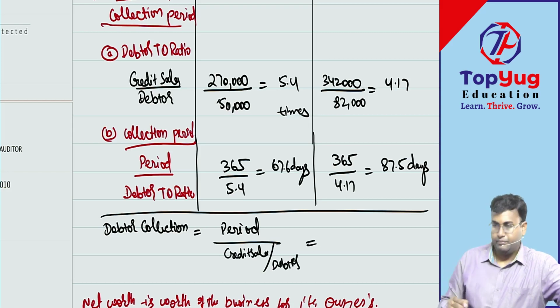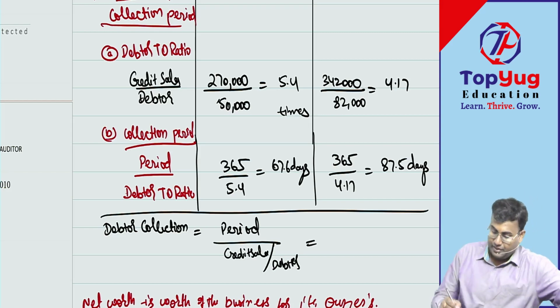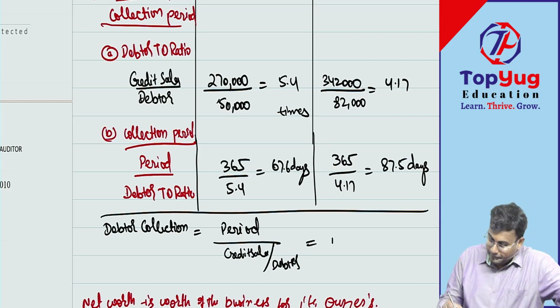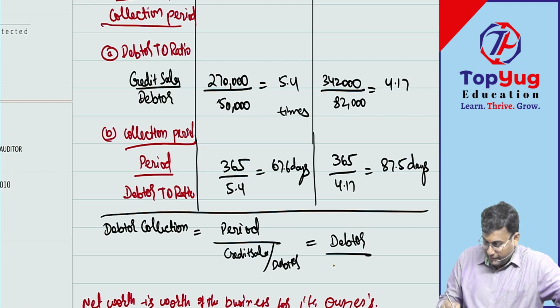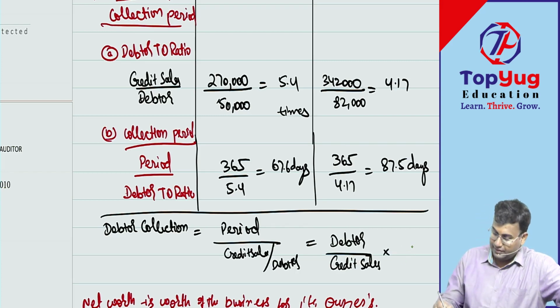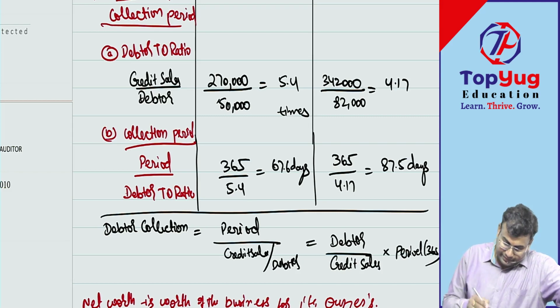Again, make it into simple equation. Then it would be debtors by credit sales into 365, or you can say into period. Right?